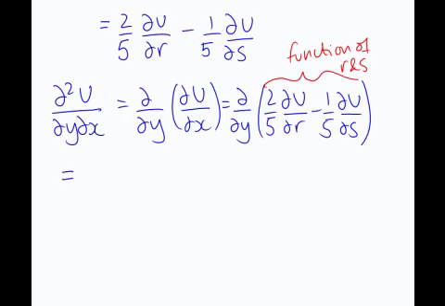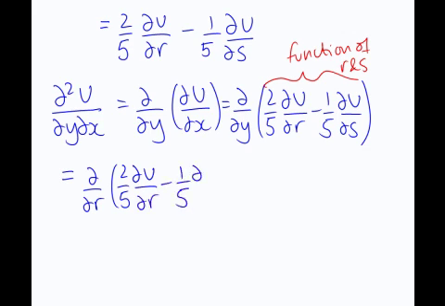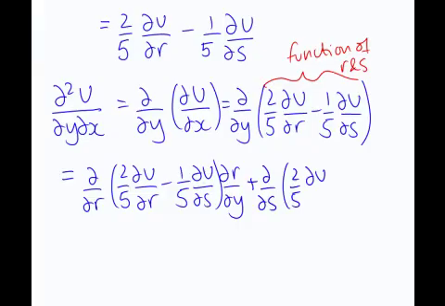If I want to differentiate this bracket with respect to y, what I can do is first of all differentiate it with respect to r, and multiply by partial dr by dy, and then differentiate it with respect to s and multiply it by partial ds by dy.